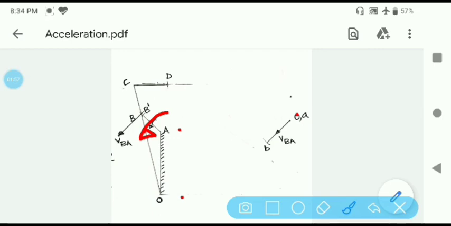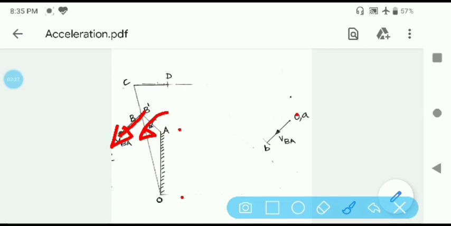So this is the direction of rotation of the crank. That means the direction of velocity of B relative to A will be perpendicular to link AB and in the downward direction, because the crank is rotating in the anti-clockwise direction. So this is the direction of the linear velocity of B relative to A.